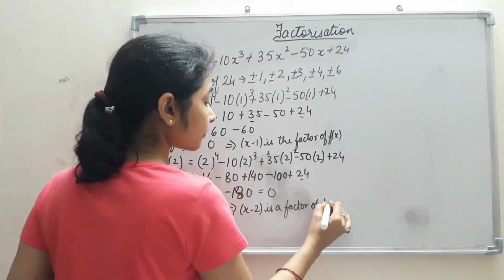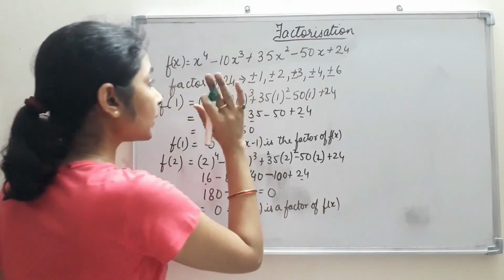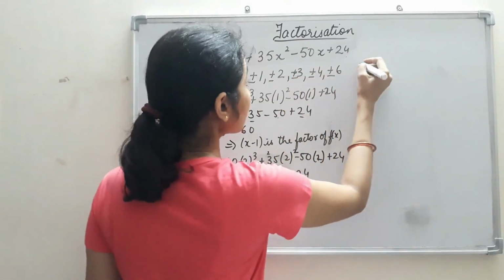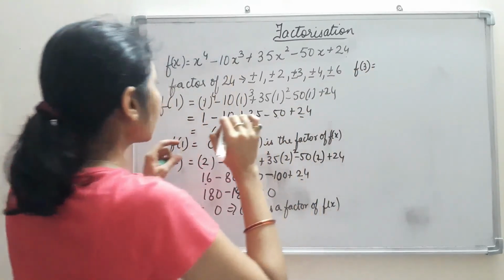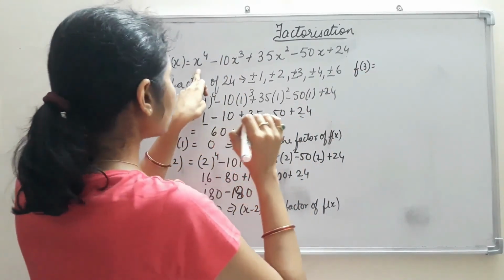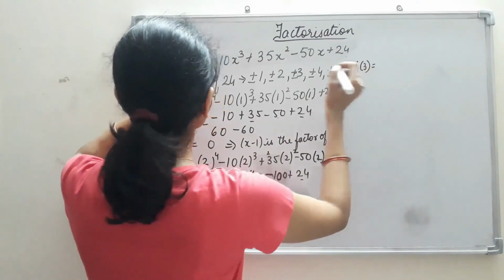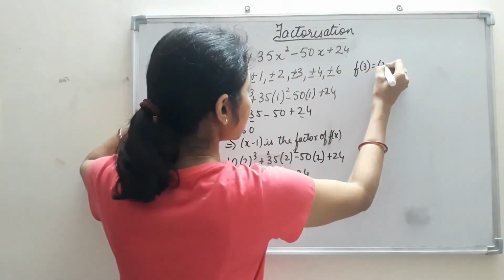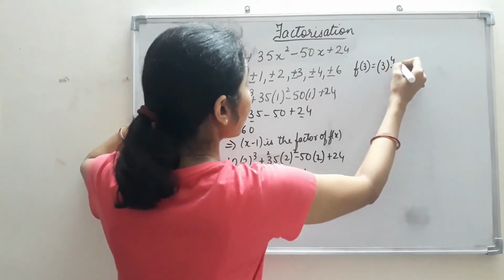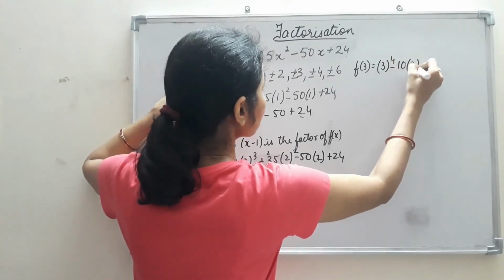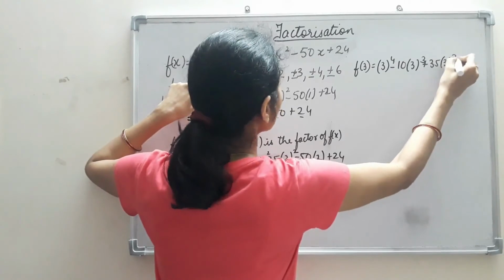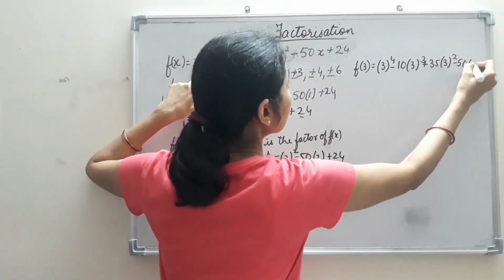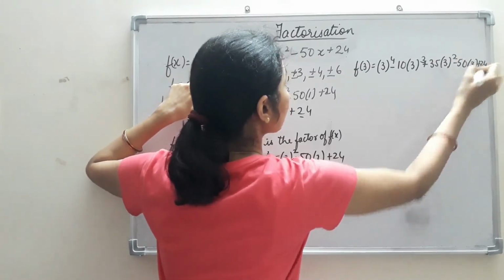of f(x). Trying with the third one, let us take 3 also here. So function of 3, I hope now we'll substitute the correct value. Now here we are having x raised to the power 4, that means 3 raised to the power 4, then 10 times 3 raised to the power 3, plus 35 times 3 raised to the power 2, minus 50 into 3 plus 24.